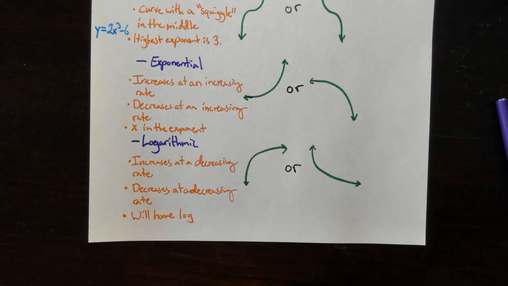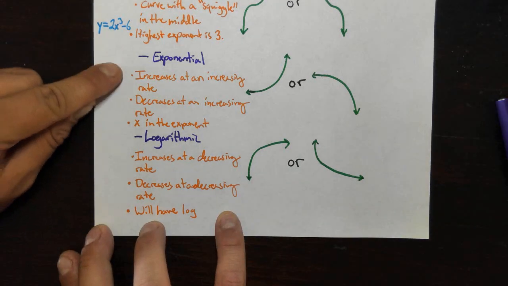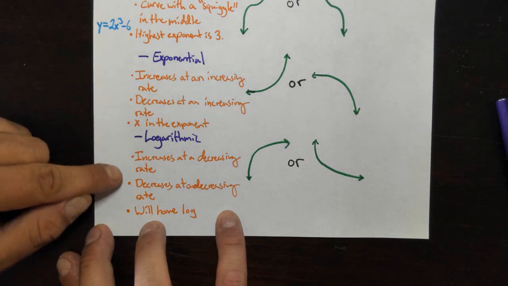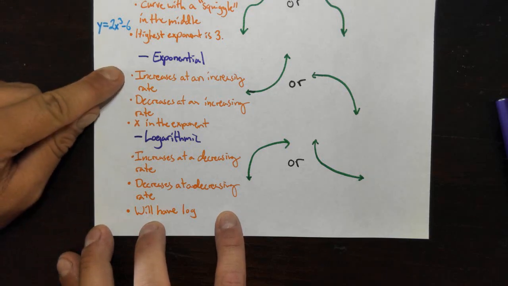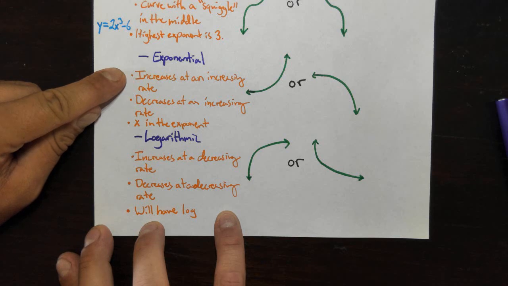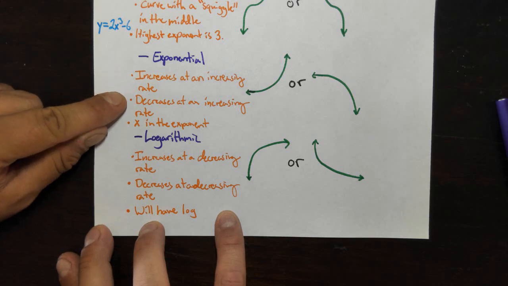Now, you're probably asking yourselves, wow, these are all curves, but how can I tell the difference between them? Well, this is how you can tell the difference, and that's through these first 2 bullet points of each of these. So exponential functions, they increase at an increasing rate, or if they're negative, they decrease at an increasing rate.